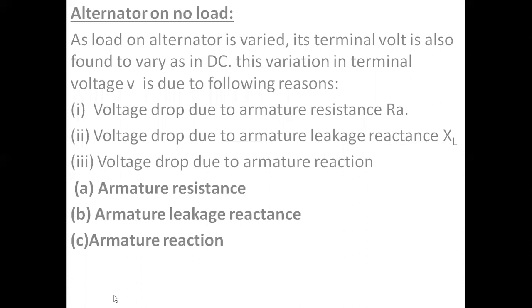First one, voltage drop due to armature resistance RA. There will be some resistance drop in the armature windings, that is termed as voltage drop. The armature windings are treated as resistances. When the current passes through the resistances, the copper winding gets heated up, and the heat will be dissipated into the air, right?